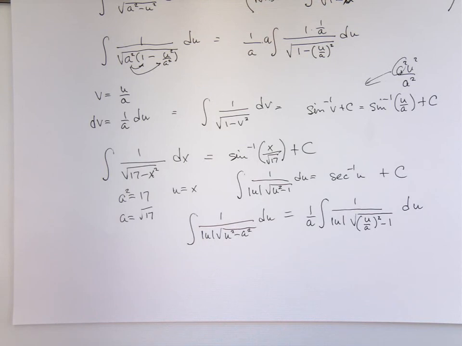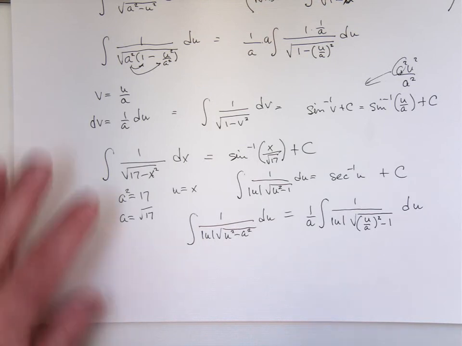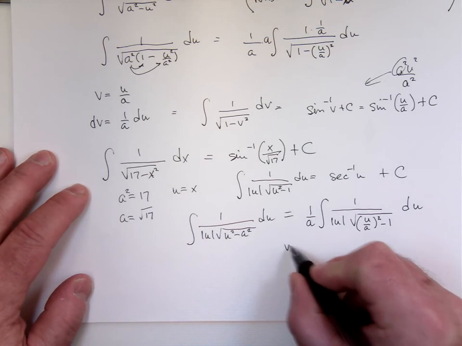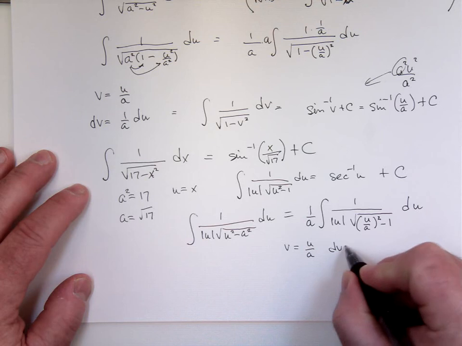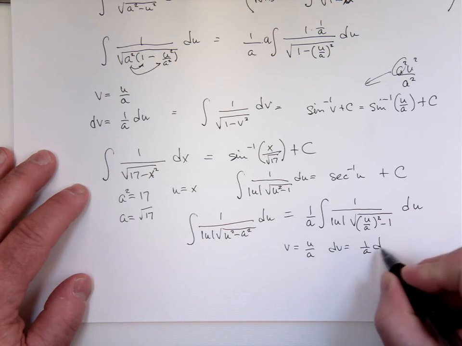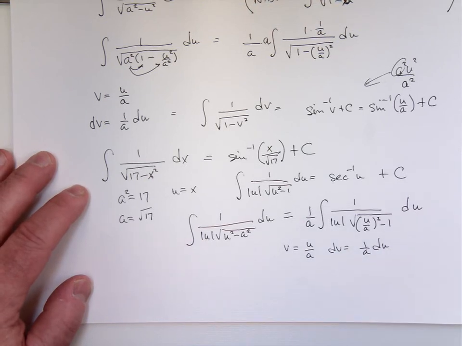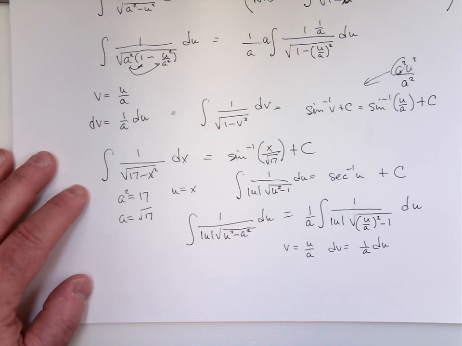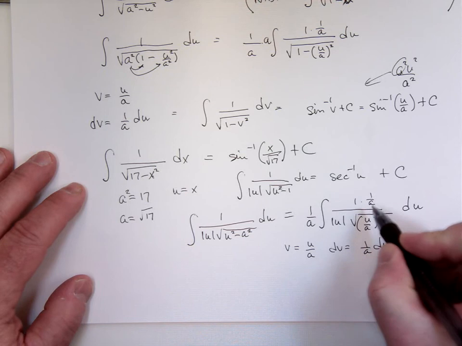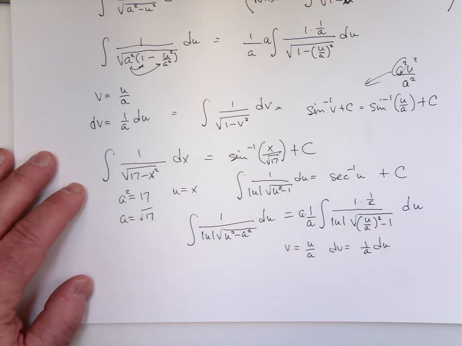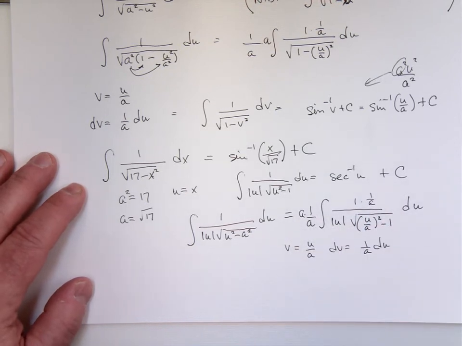What we're going to do is let v equal u over a. The dv is 1 over a du. There's a couple things I have to do here now. One is to get this 1 over a here and multiply by a. The other is to get this as u over a so I can replace it with v.